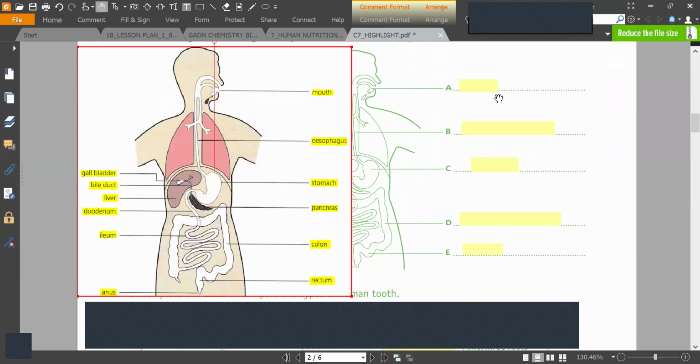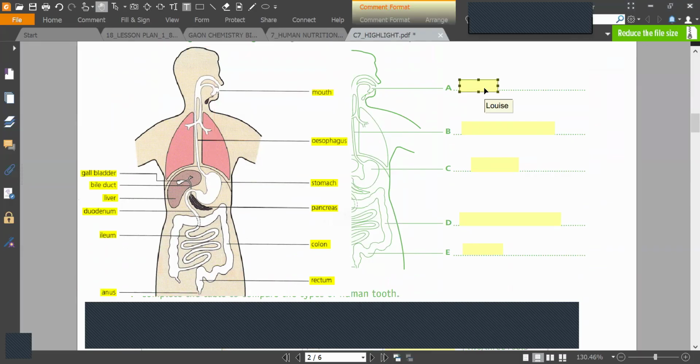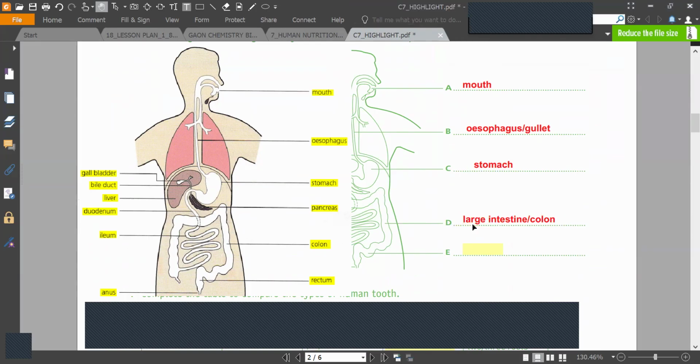So we can see A is the mouth. B, esophagus. C is the stomach. D, the large intestine, or colon. E is the rectum.